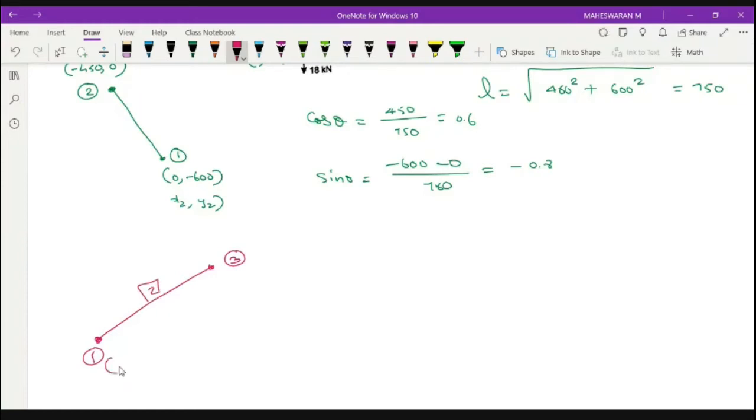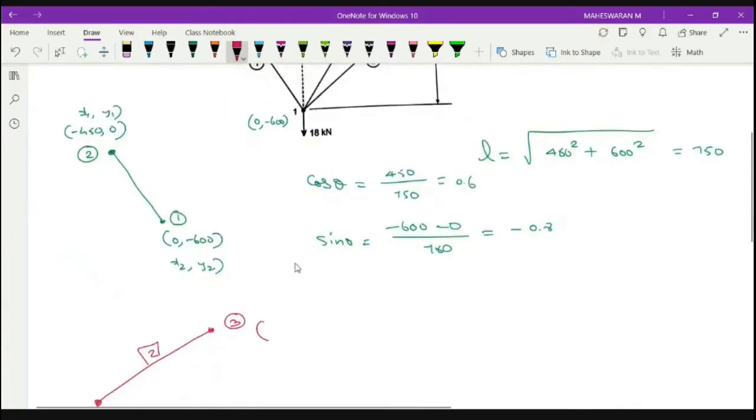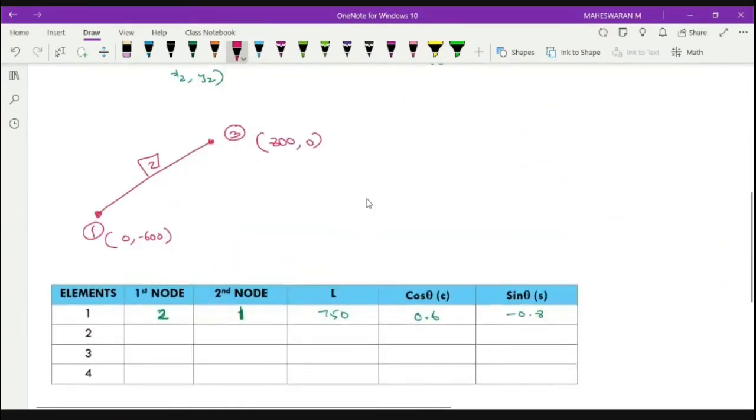So what are my values here? 1 is 0, minus 600 and 3 is 800, 0. So I will consider 1 as the first node and 3 as my second node, which means this is x1, y1, and this is x2, y2, right?